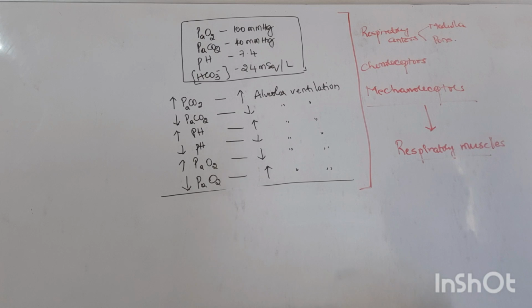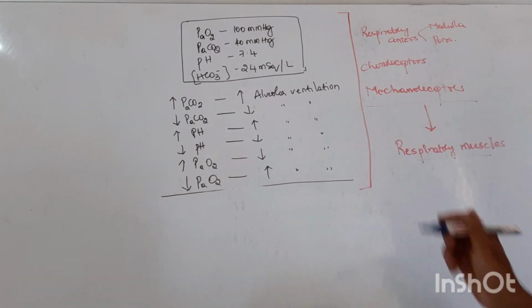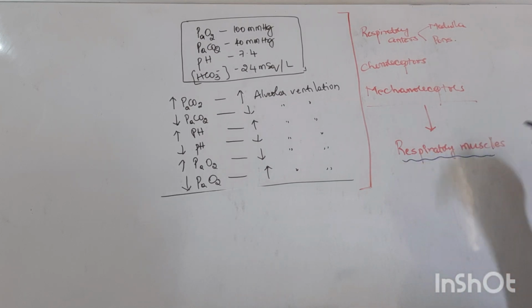All this is done by several mechanisms like the respiratory centers present in the medulla and the pons, the chemoreceptors that may be central or peripheral, and the mechanoreceptors, which may be the stretch receptors and the proprioceptors, etc. These direct changes in the activity of the respiratory muscles so that they can accommodate more volume of air or give out the air from the lungs.